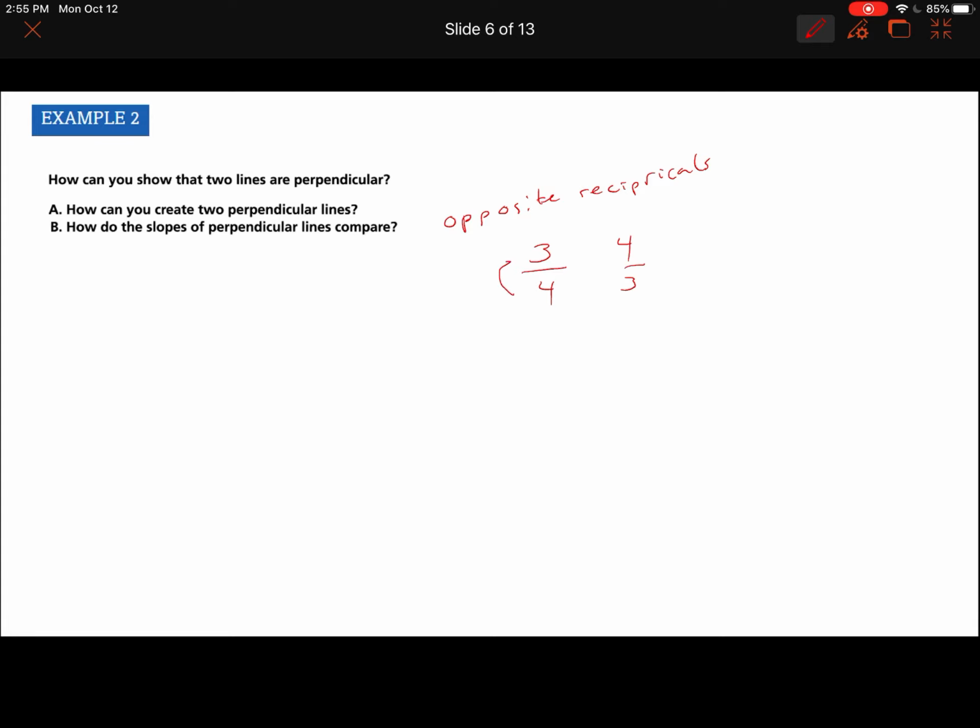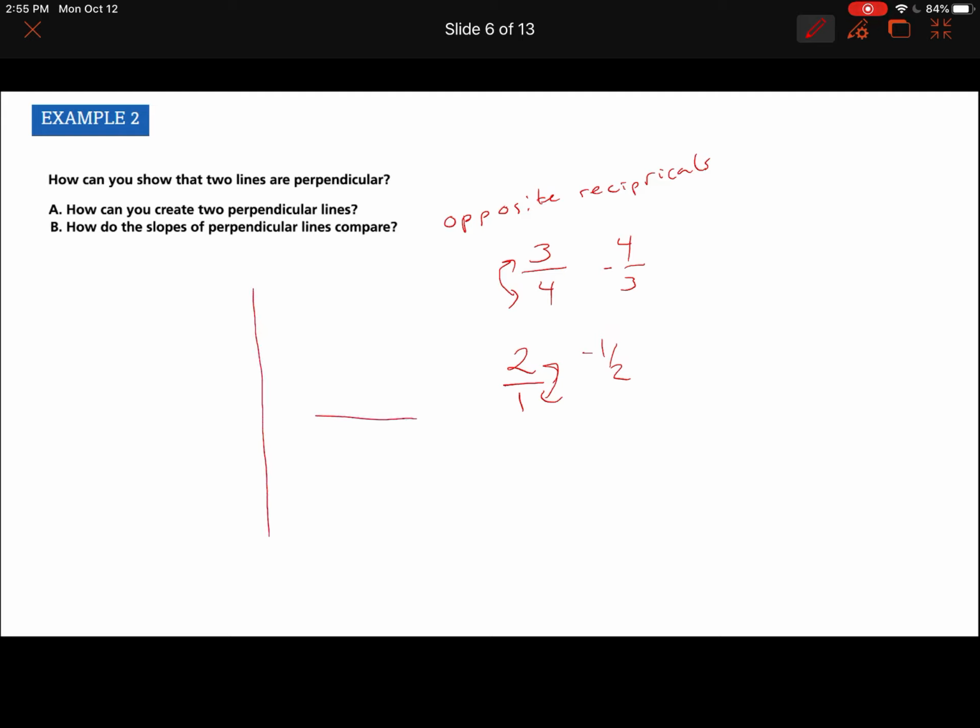The reciprocal of that is 4/3 because we're flipping the top and the bottom, and then we put a negative sign in there. So those are opposite reciprocals. Or if we see like 2, the opposite reciprocal is negative 1/2, because this would be 2/1. If I flip this, it's 1/2, and then we put a negative sign in there. So that is how the slopes are related.